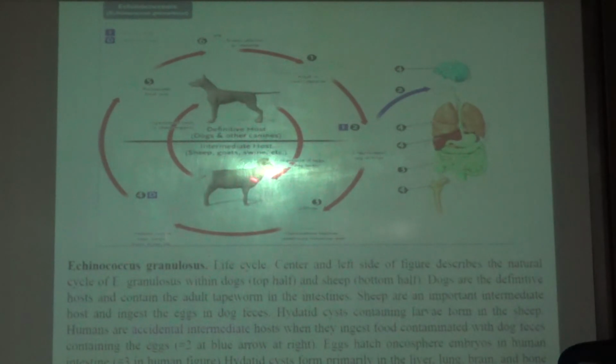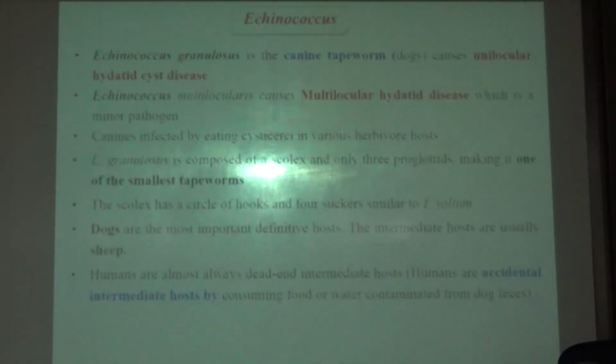So if the egg comes inside the human body because dog feces contaminate water or food, then there is cyst formation in the human body. Cysts are formed in different organs. The most common organ affected by hydatid cyst formation is the liver. In the liver, hydatid cyst is very common. Besides that, it can form cysts in the lung, brain and bone also.